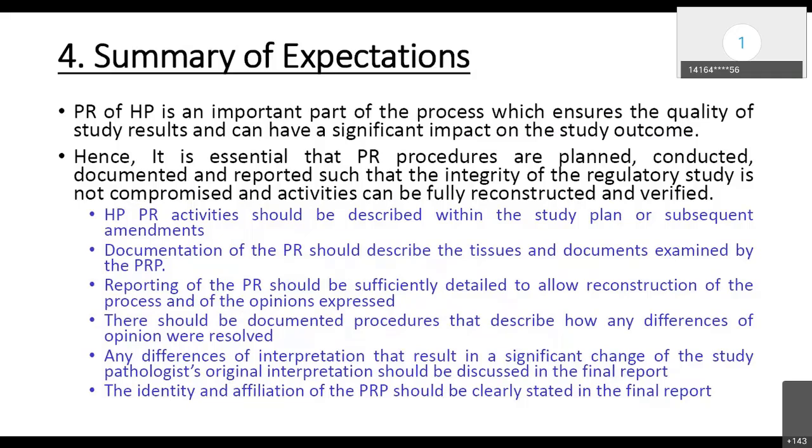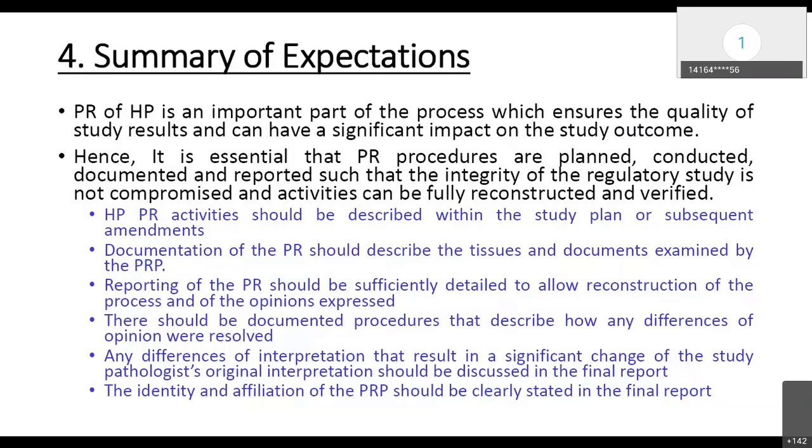So, summary of expectations. Overall, what is the expectation from OECD? As the peer review of histopathology is an important part of the process, which ultimately affects the overall outcome of the study, hence peer review has to be done.